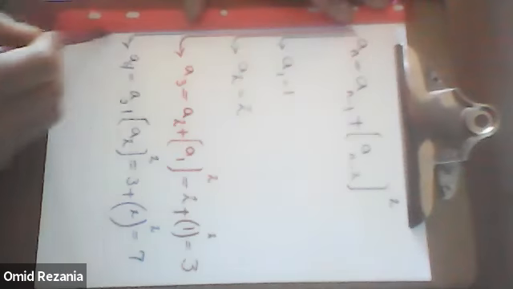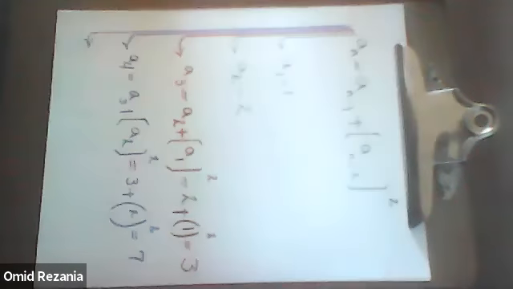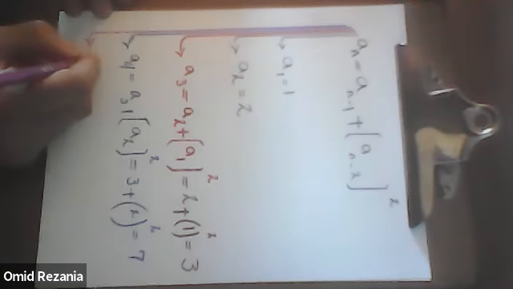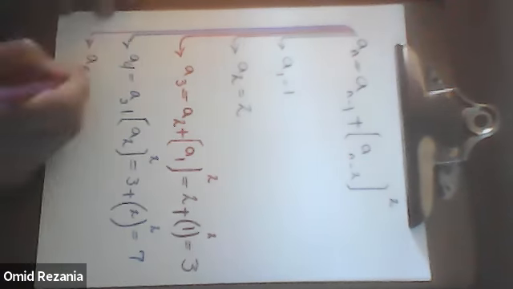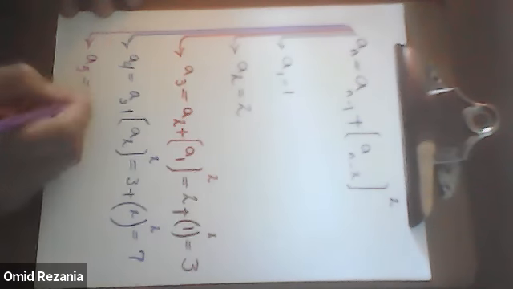Now the last element, which I'm going to do, is element number 5. It means that n, the number of the element, is going to be 5. Then you plug in 5 for n.